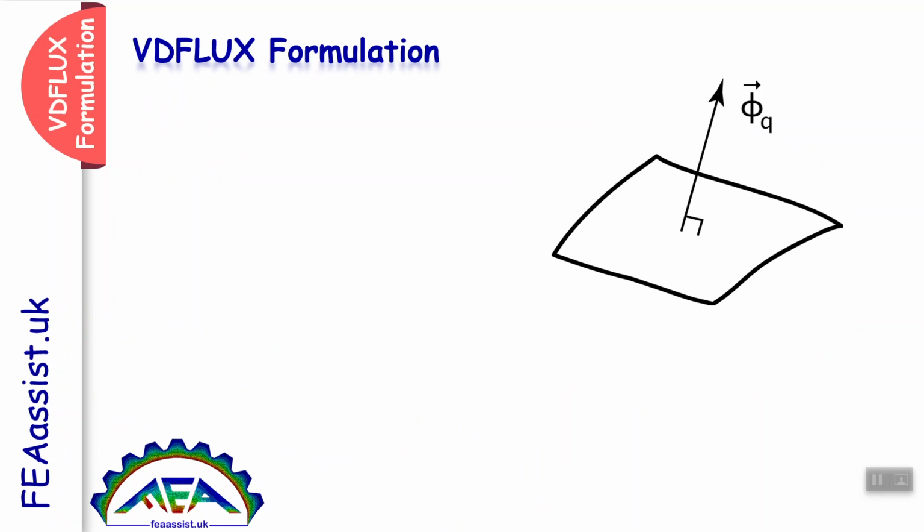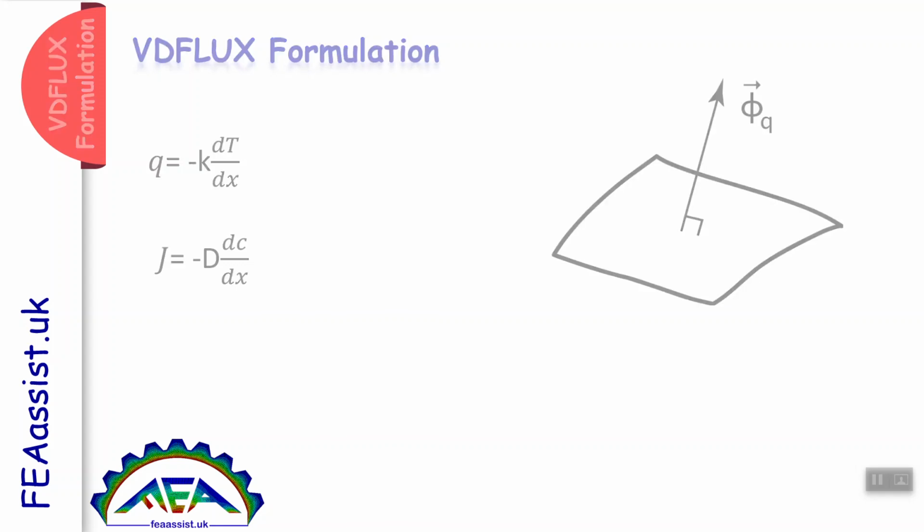So this is the definition of flux of heat. We define the flux in heat transfer problems as q equals minus k dT/dx, and for mass diffusion it is minus D dC/dx, where C is the concentration and D is the diffusion coefficient.